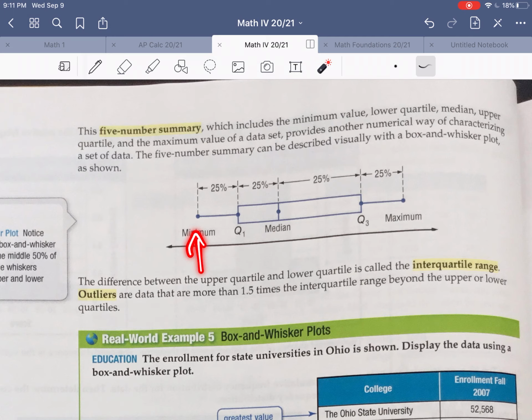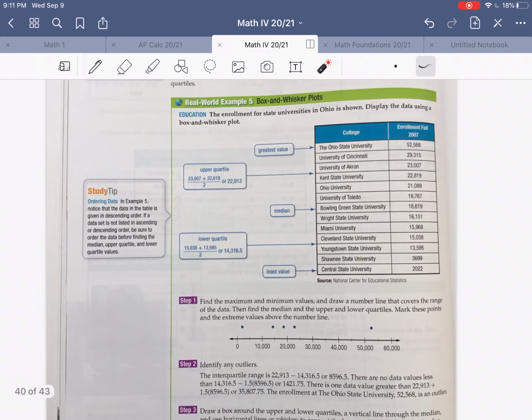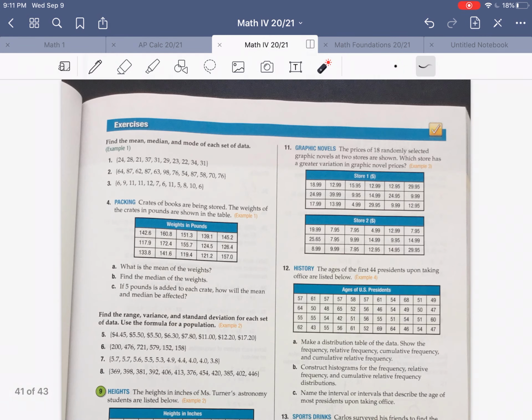We have a minimum value, a maximum value, Q1, Q3, and median. If we look at this, the longer these are, the more likely we have outliers, because this is where half of our data set lives, right in the middle here. And the further this is spread out, that means that we have some numbers that are way off the median, which is really big. Not super interesting stuff.